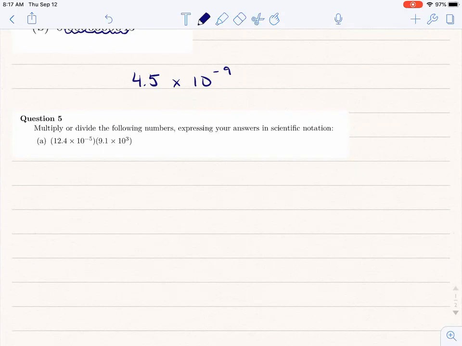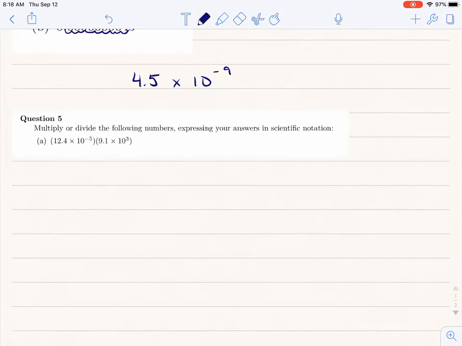So when we're multiplying through, we can rearrange these and collect these like bases of 10, 10 to the negative 5 and 10 to the power of 3. Now we're dealing with exponents just like we were last day, where we can combine these exponents. Of course, you can probably just do this in your calculator, but I want to show you how it works if you just want to do it sort of by hand.